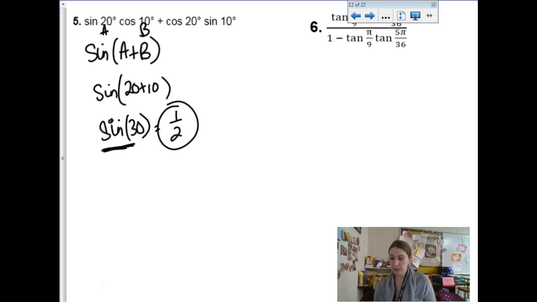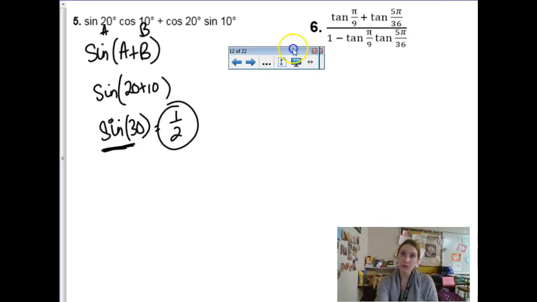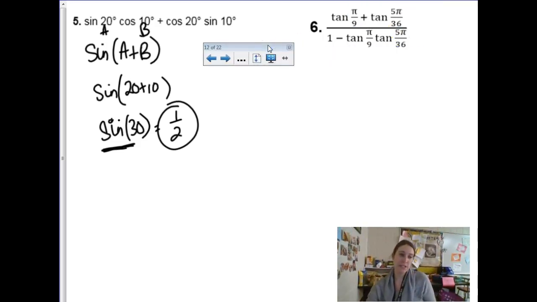Alright, so here, it's one of the tangents. I can tell from there that it's a tangent. I gotta get rid of this thing though, so I can see the rest. Alright, so tangent plus tangent, that is the sum tangent formula. So this is going to be my alpha, this is going to be my beta. So it's the tangent of alpha plus beta, if the formula starts off with tan plus tan.